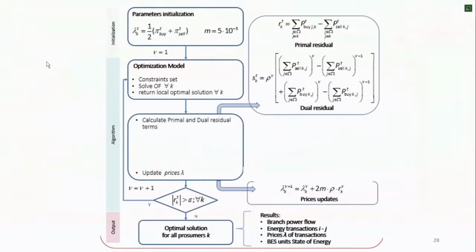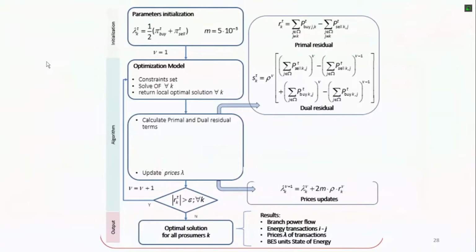So the larger the error, the larger is the deviation of lambda. If the error is positive, it means that we are buying too much with respect to what is sold, so we need to increase the price. If this error is negative, it means that what is bought is lower than what is sold, so we need to decrease the price.